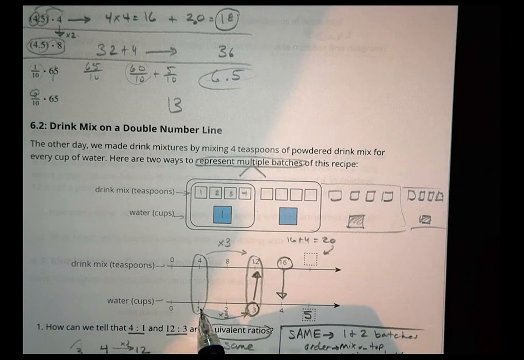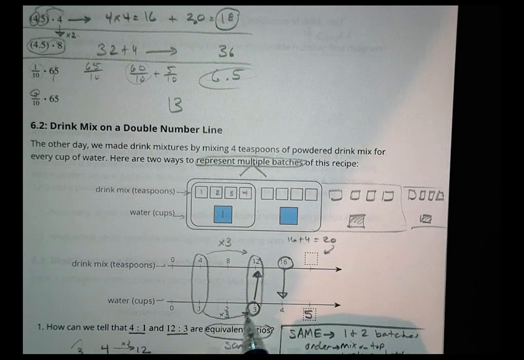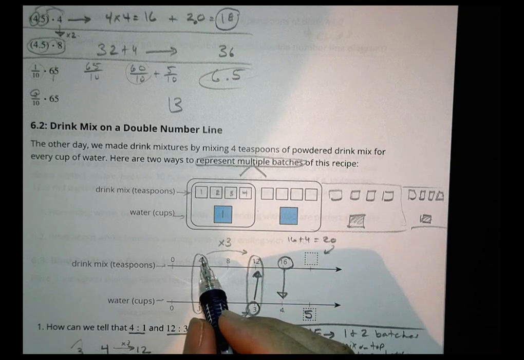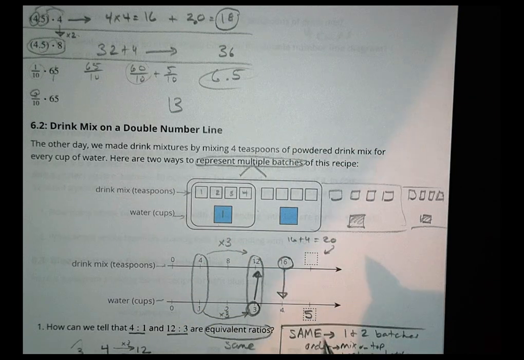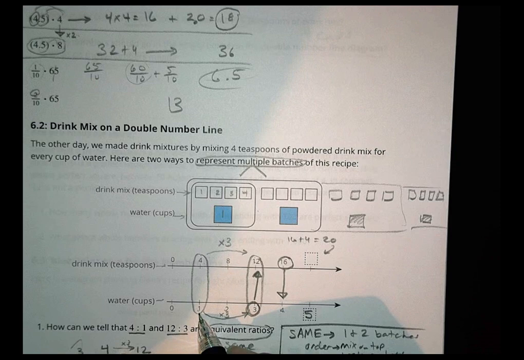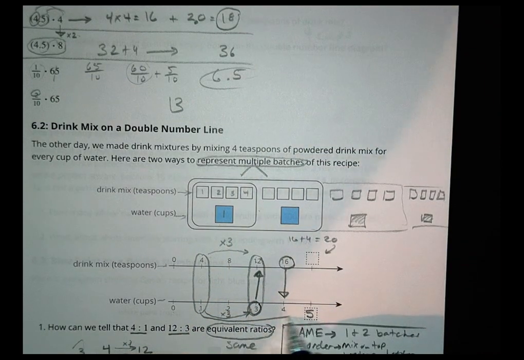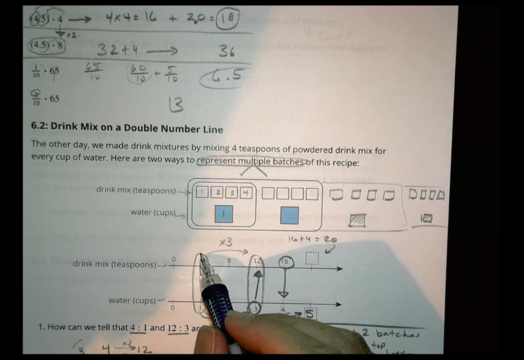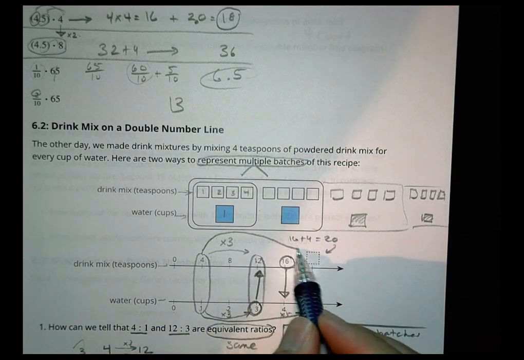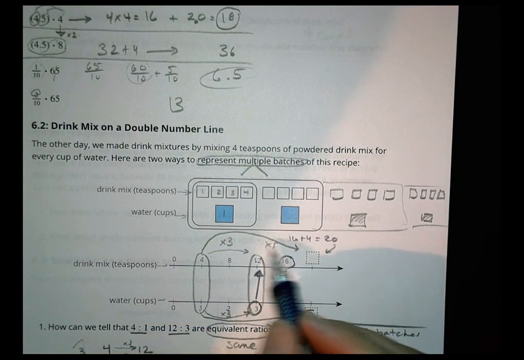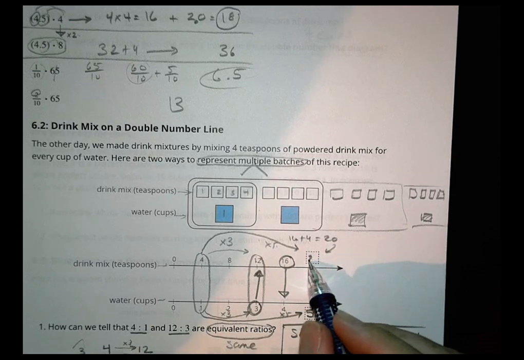Because here I have the number 1, and in this previous example, we showed that 1 times 3 got me to 3. And if I multiply by the same number up here, the 4 times 3 got me to 12. So using that same method, I could do 1 times 5 to get me to 5, which means I could do 4 times 5, and 4 times 5 is 20.